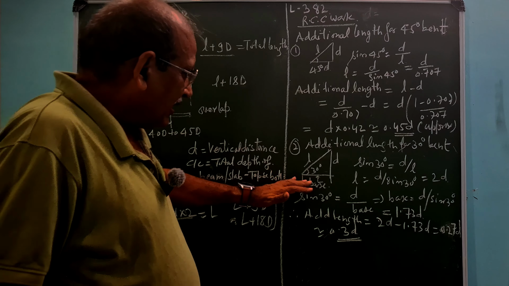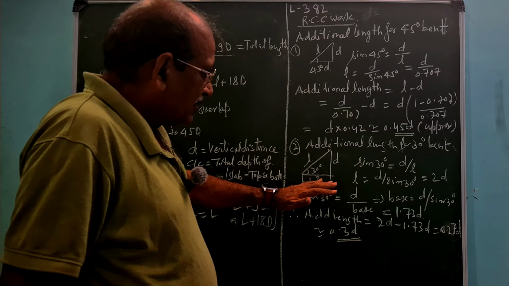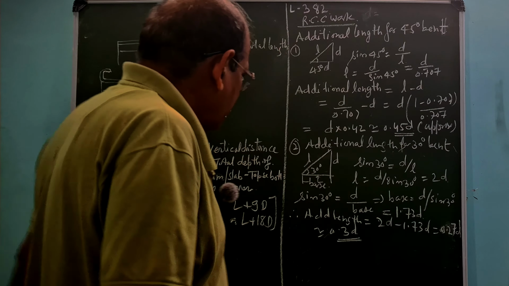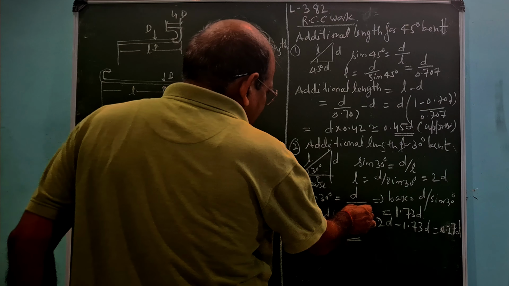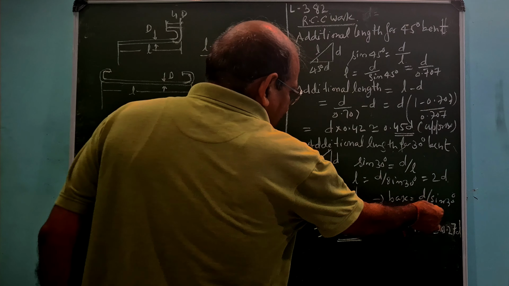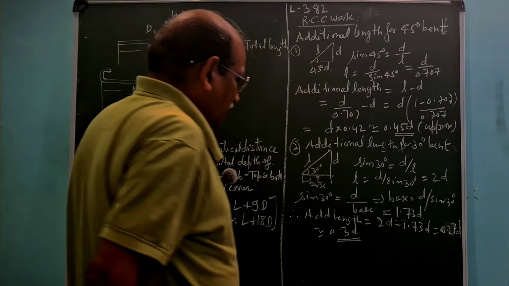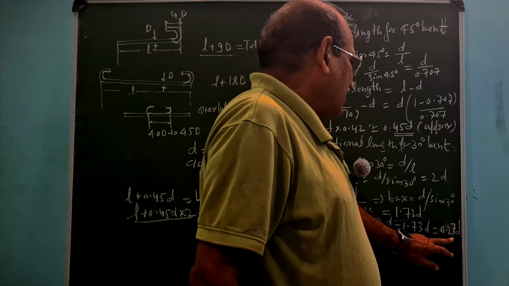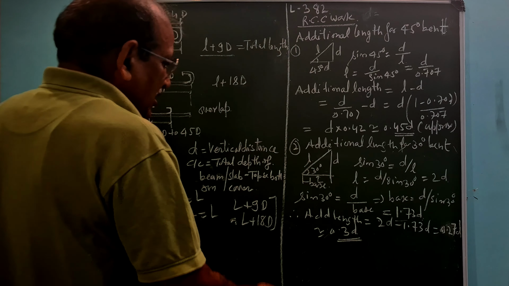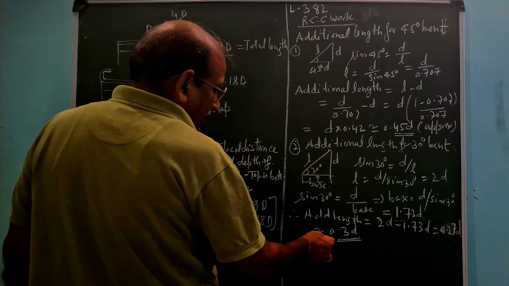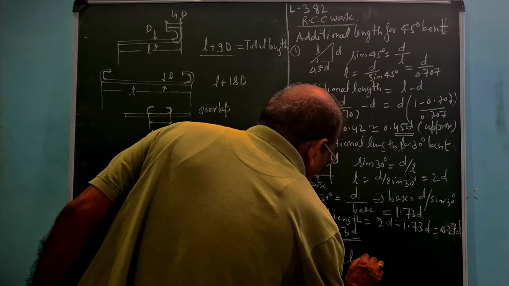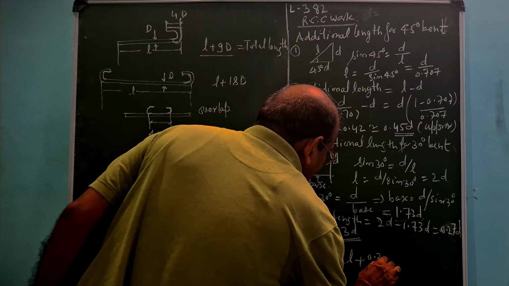If you bend at 30 degrees, then sin 30 equals D by L, so L equals 2D. Now how much will the base be? D by tan 30, which gives 1.73D. So the difference, the additional length, is 2D minus 1.73D, that is 0.27D, approximated as 0.3D. So for one bend, the length will be L plus 0.3D extra.